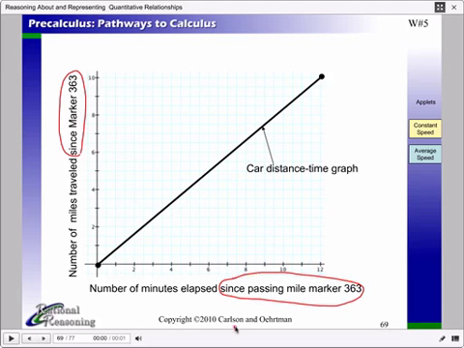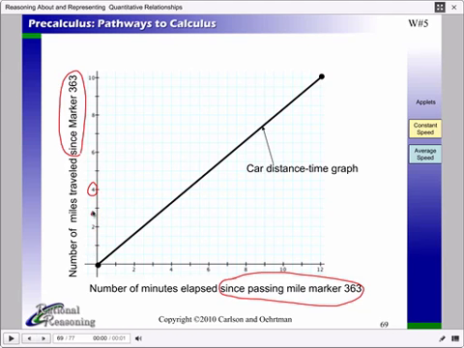Here's the key in defining these distances. The distance is since you passed 363. So when you get to mile marker 367, what is the value of that variable d? It's 4. So you should have 4 here and not 367.